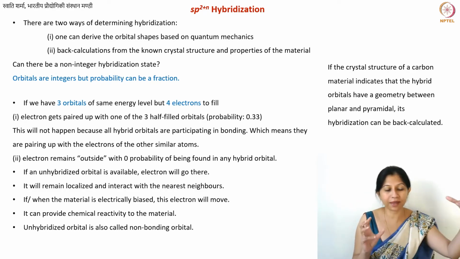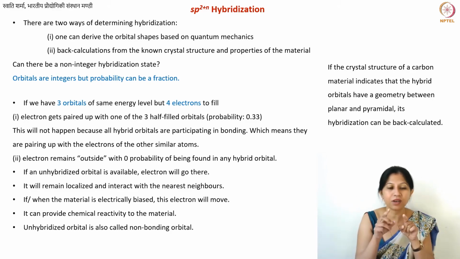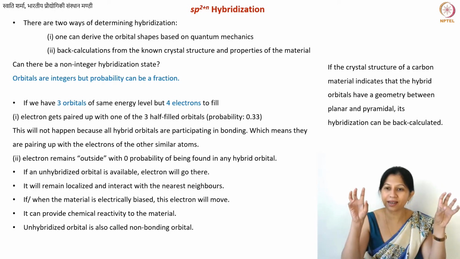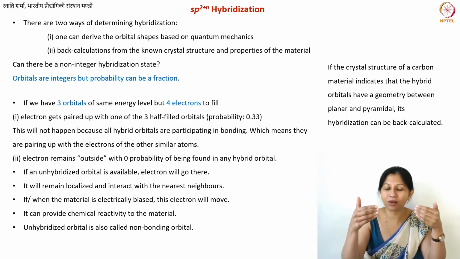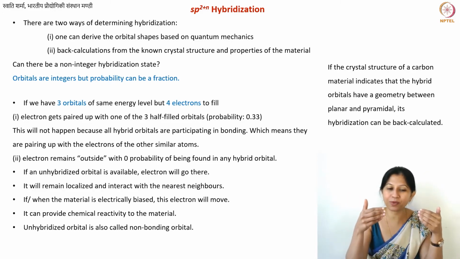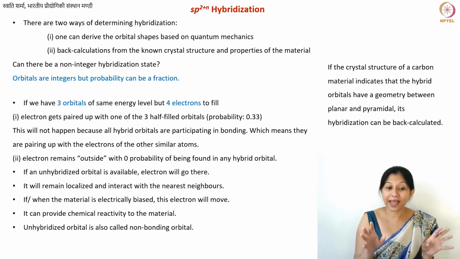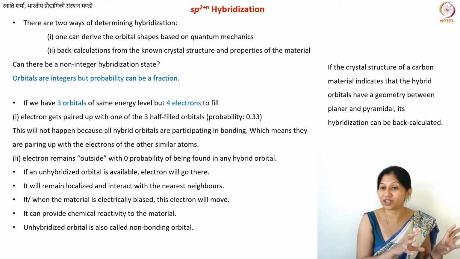Now, if you have something in between, that means your unhybridized orbital is also somewhere in between, between completely hybridized and completely unhybridized. So the probability of finding the electron there is also somewhere in between. It is a non-integer number, and that is when we can back calculate the hybridization states.